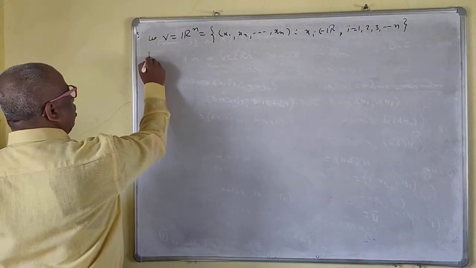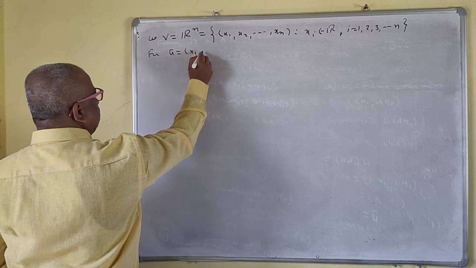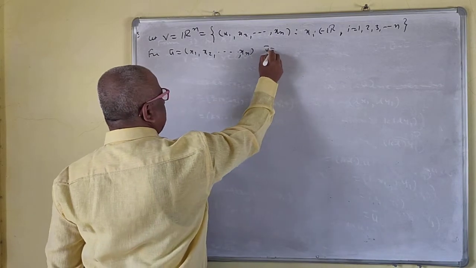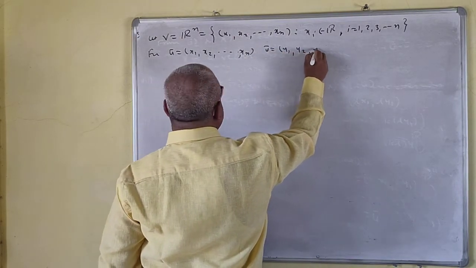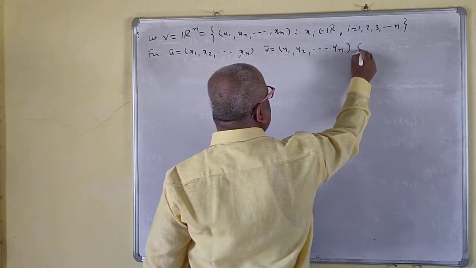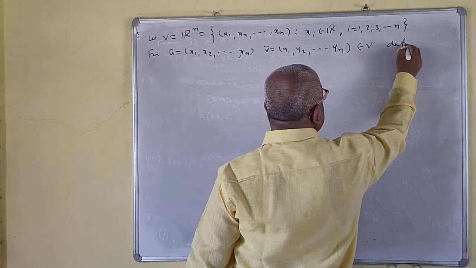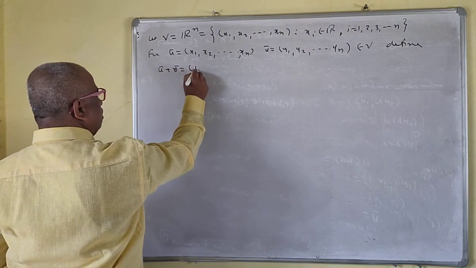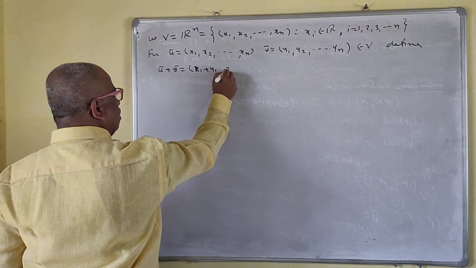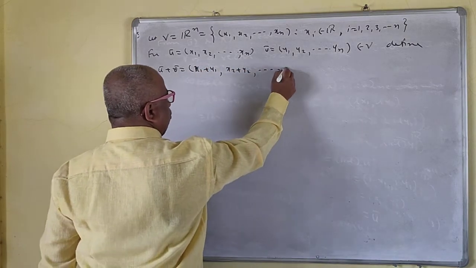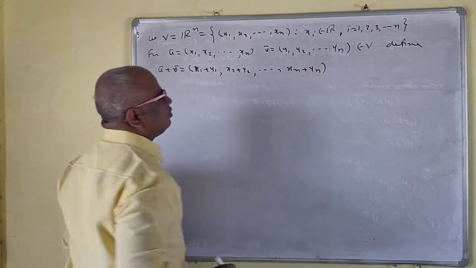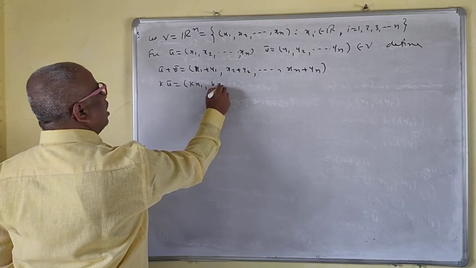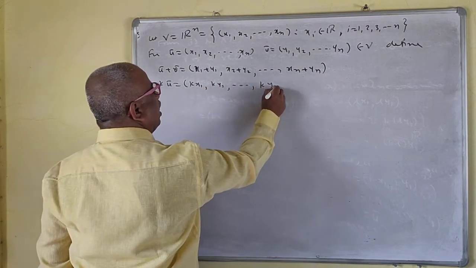So for u bar equal to (x1, x2, ..., xn) and v bar equal to (y1, y2, ..., yn) belonging to V, define u bar plus v bar equal to (x1 plus y1, x2 plus y2, ..., xn plus yn), and k into u bar is the same as (kx1, kx2, ..., kxn).